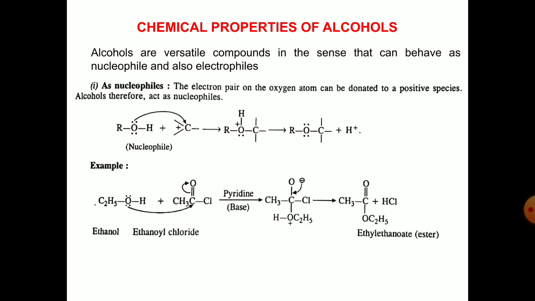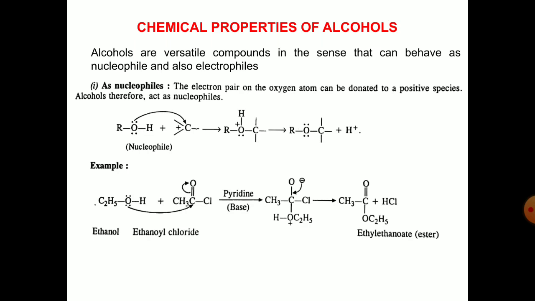CH3CO and Cl, and O C2H5 H. Then after the rearrangement of the electrons, the oxygen atom has a negative charge, so that negative charge will come back to form a double bond, and at the same time the Cl atom attached to the carbon will be removed in the form of HCl.